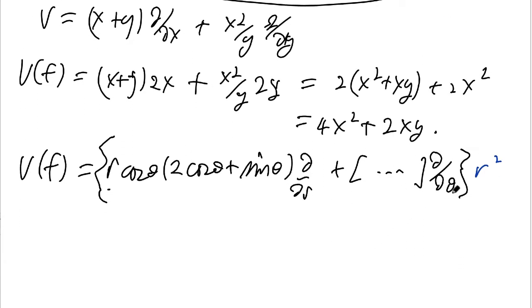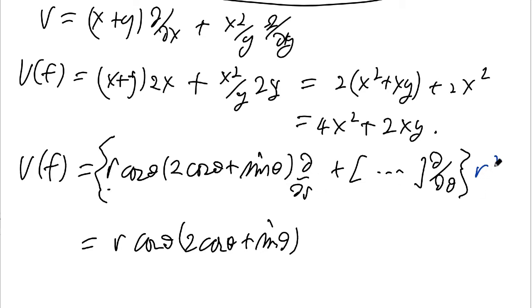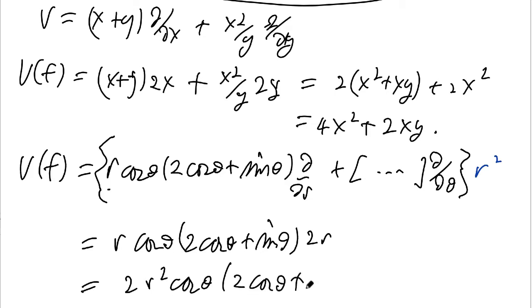Actually, the derivative with respect to theta of r squared is 0, so this term goes to 0, and we're left with r cosine theta times 2 cosine theta plus sine theta times d by dr acting on r squared, which gives 2r. So this is 2r squared cosine theta times 2 cosine theta plus sine theta.